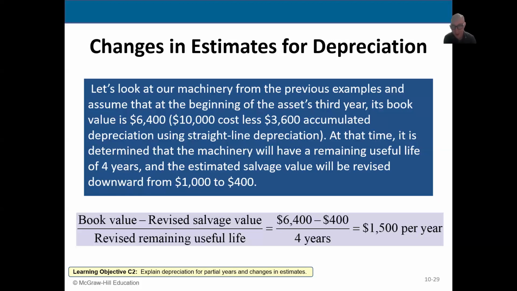So we had to revise everything else. So the book value is 6,400 at the time, minus $400 revised salvage value, divided by the revised useful life of 4 years. So that gives us a revised depreciation per year of 1,500. These things happen.